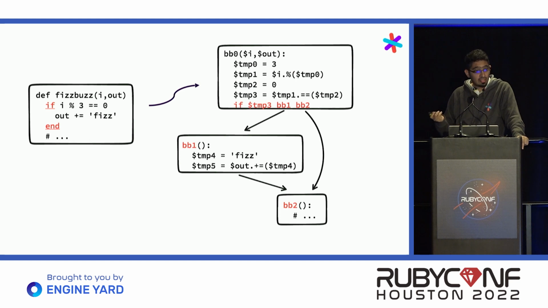The other thing, as I mentioned, is that control flow is made explicit in the edges between different basic blocks. So the if has two edges pointing externally to basic block 1 and basic block 2. Regardless of whether the if statement gets executed or not, what's happening in the rest of the function still needs to happen, which is why there's a further fall-through edge from basic block 1 to basic block 2.